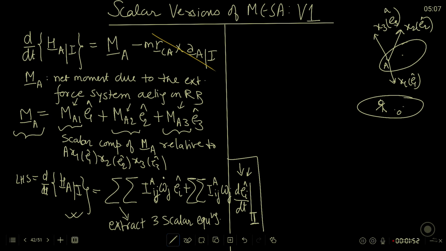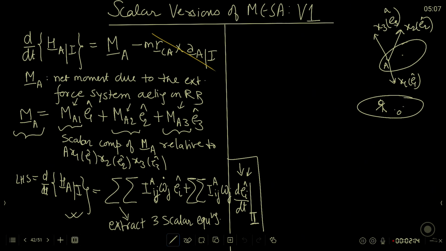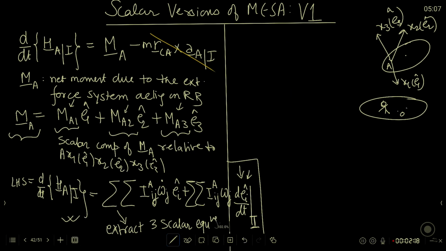And the other simplification we can do to this expression is based on the fact that this working coordinate system is comprised of axes which are already known to be the principal axes. Since the three axes are principal axes, it means that these things are zero already.